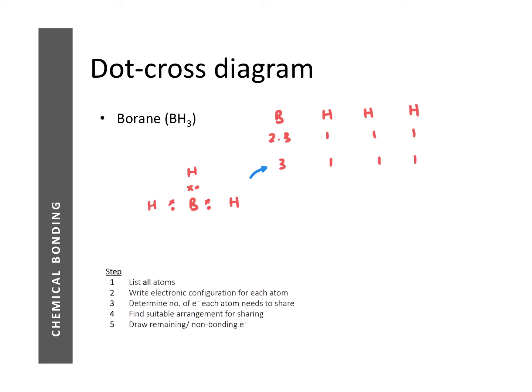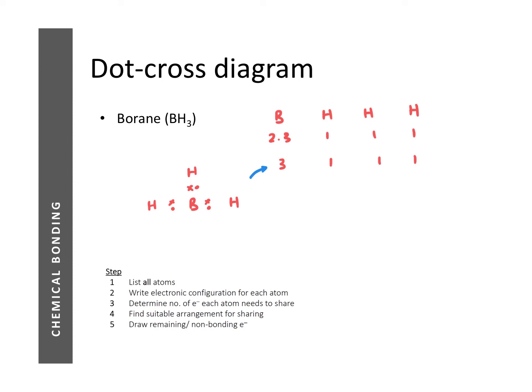Now for those of you who are fast enough, you may throw your arms in the air and say, "Sure, this structure is wrong because we don't have a fully filled valence shell around boron." Now you are right. But in the A-level syllabus, we do see quite a number of molecules where the central atom do not have a fully filled valence shell.